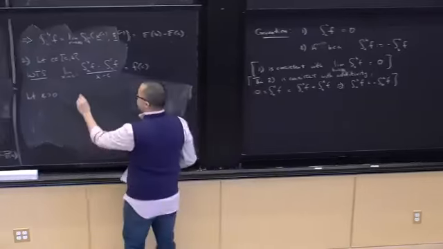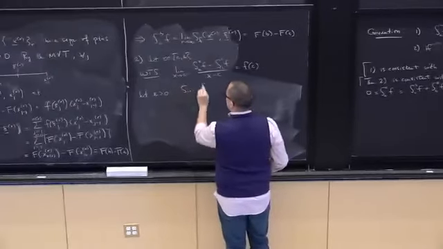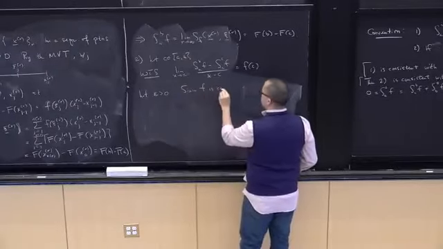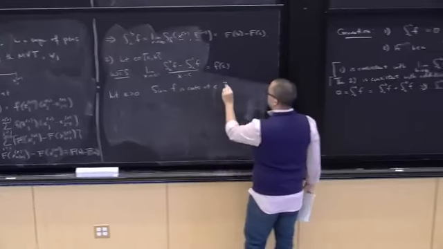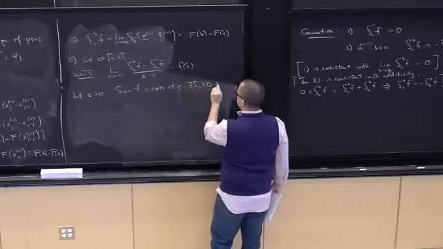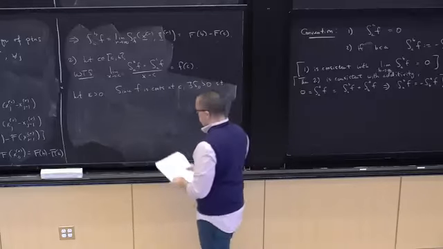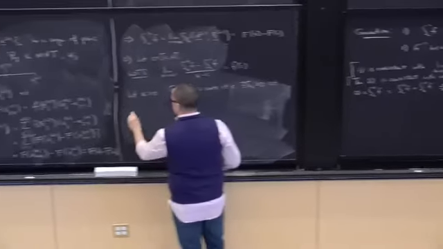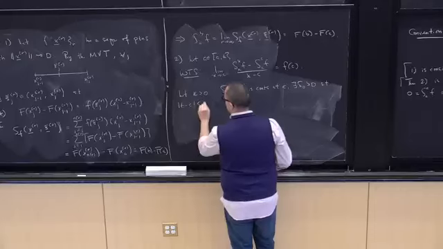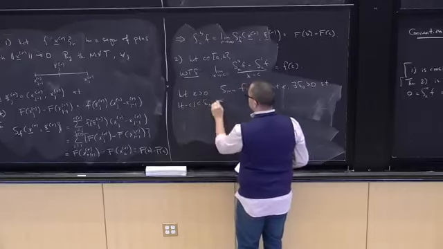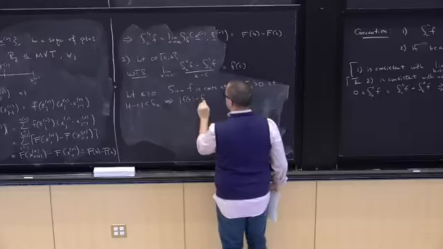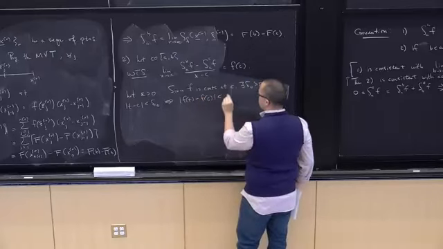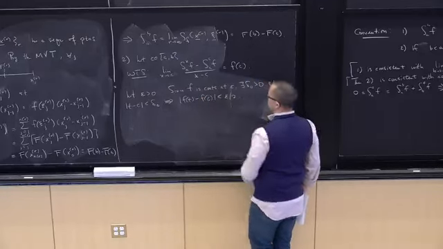So since f is continuous at c, there exists a delta 0 positive such that |t minus c| less than delta 0 implies that |f(t) minus f(c)| is less than epsilon over 2. Let's give ourselves a little room.